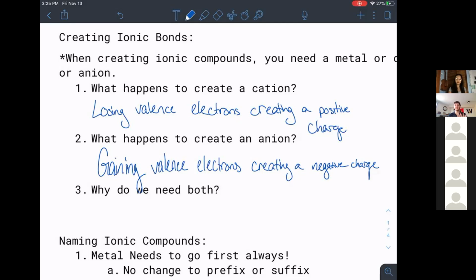So those electrons that one atom can lose are really being transferred or taken by another atom that's gaining electrons.